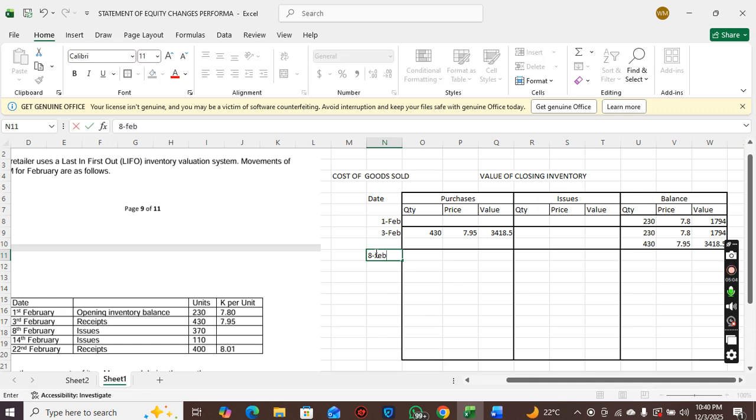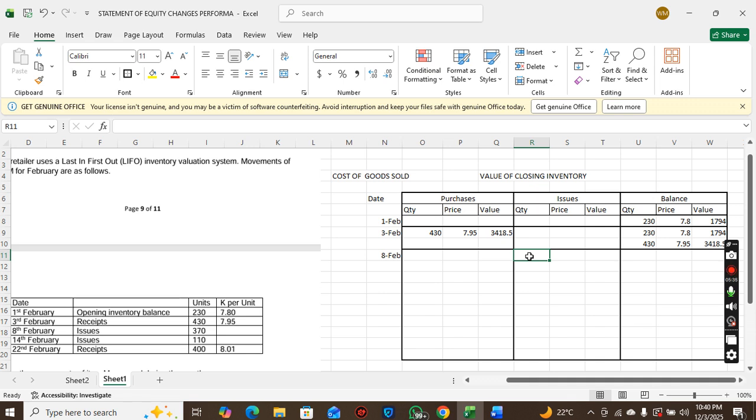Whenever there is an issue, this is where last in first out applies. On February 8th we issued out 370 units. When you're issuing out, remember you're issuing out these goods at how much you bought them for. Never make the mistake of issuing them out at how much they are selling for.